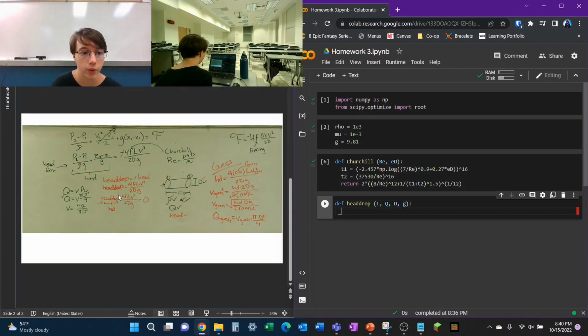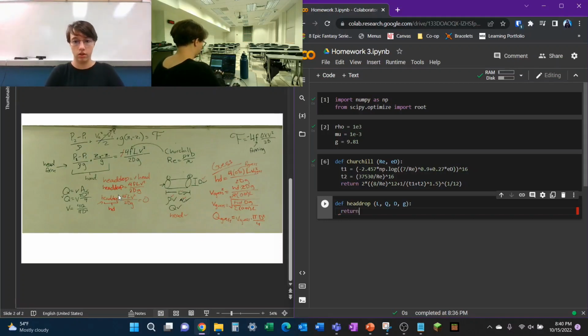So within this we're going to return this equation, the head drop. So we're going to return 4 times F times L times V squared.